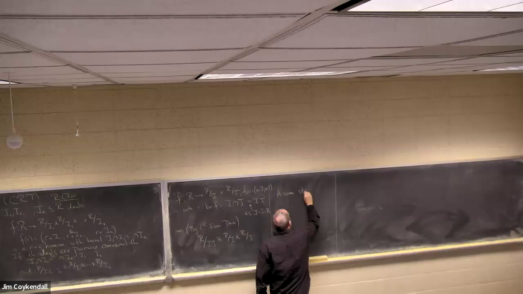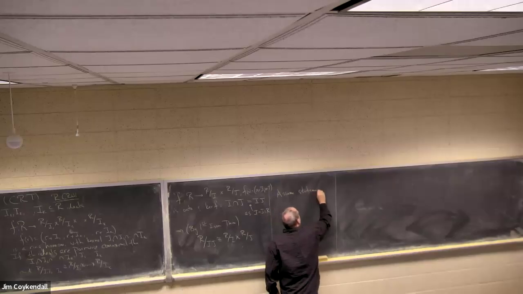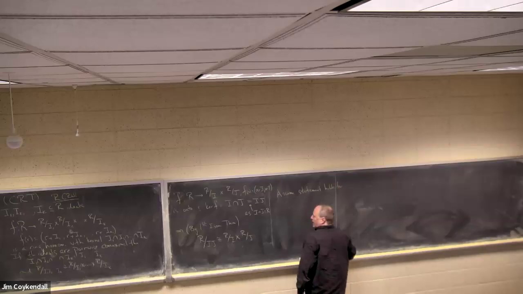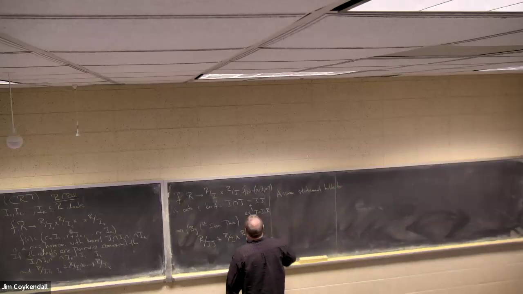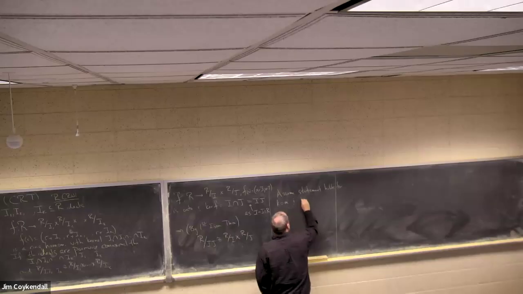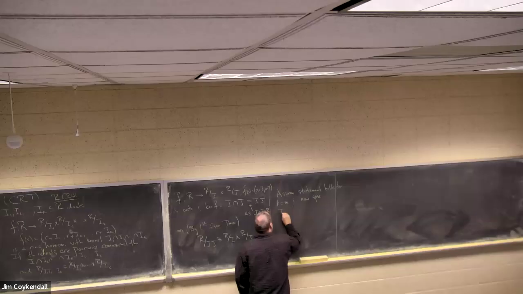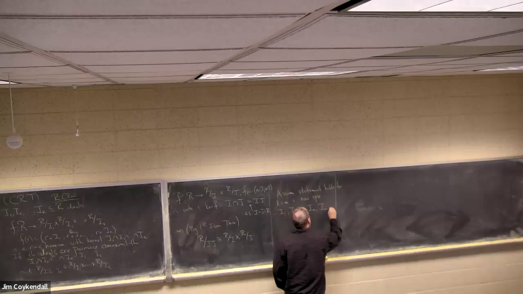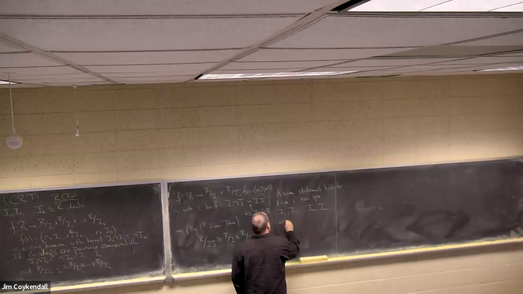Assume the statement holds for k equals n, and now suppose we have I1 through I n plus one pairwise comaximal.